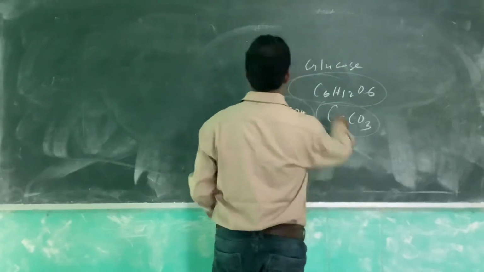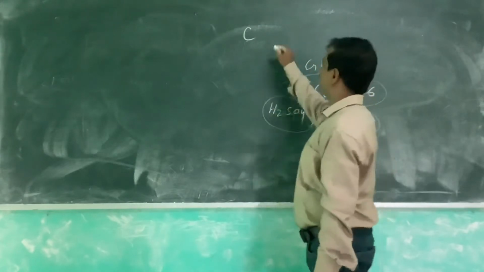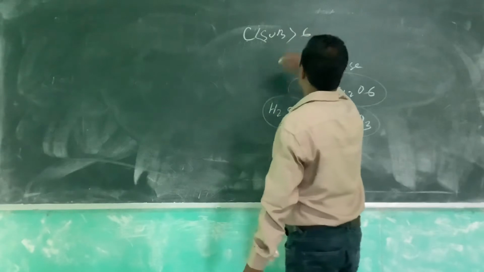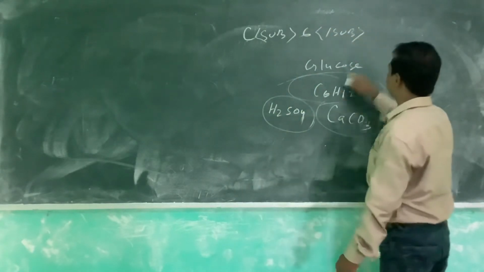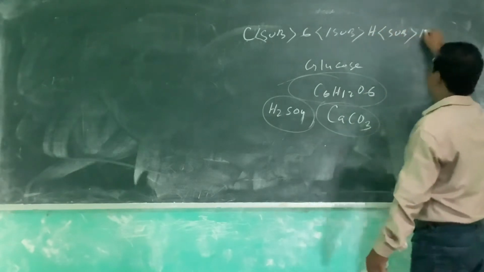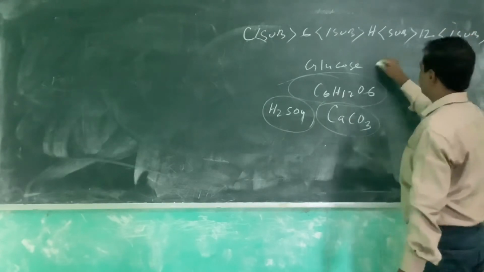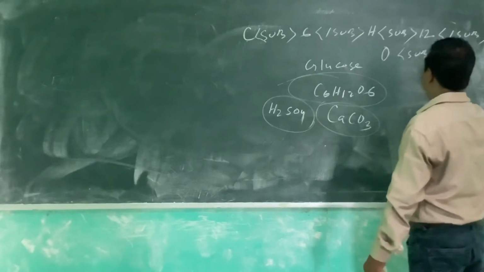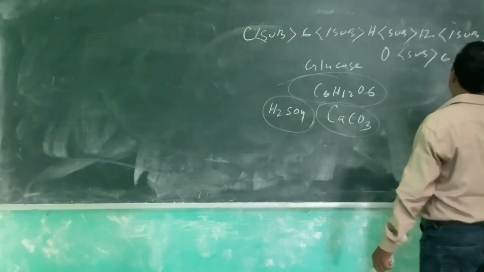Simply type for glucose: C, then SUB, then type 6, then /SUB, then type H, then again SUB, then type 12, then /SUB, then O, then again SUB, then 6, then close /SUB.